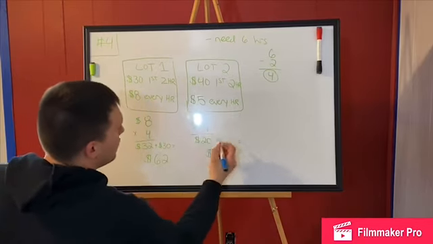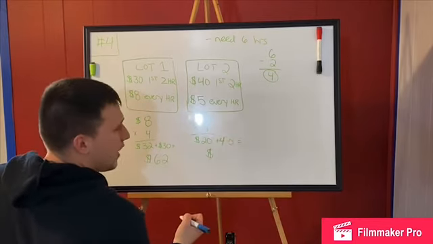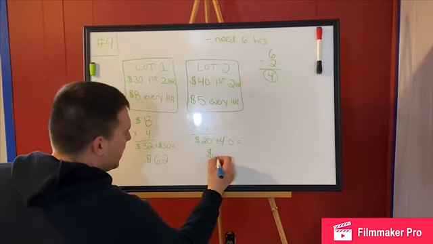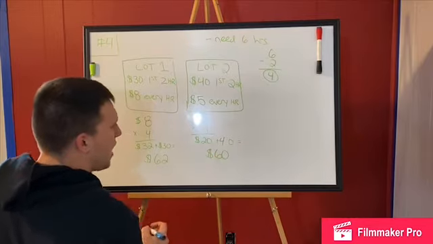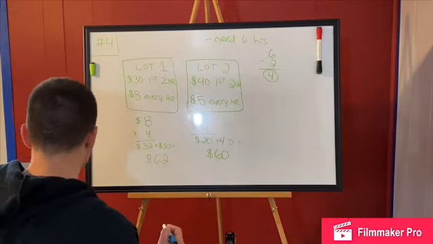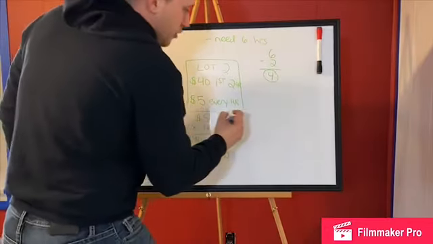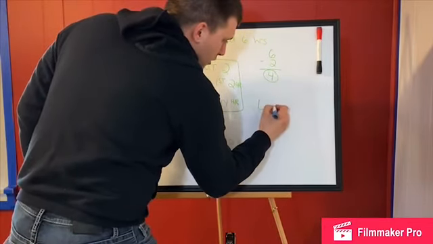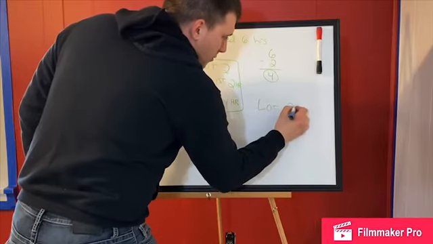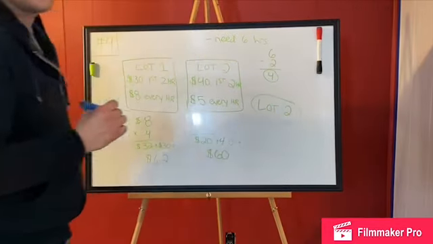We add it to the original 40 that it asked for. So 40 plus 20 gives us $60. So our answer here is that Newell and his family should choose lot number 2. Okay?